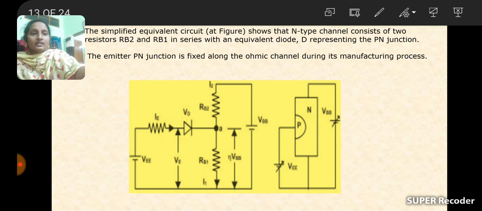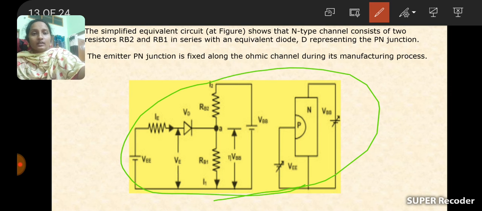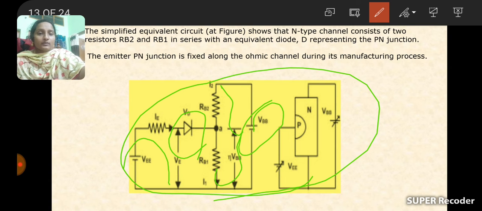So see here, this is our circuit diagram. The diode is connected in between resistors RB1 and RB2, and this is supply voltage VDD, and this is supply voltage VBB. When voltage is applied across the diode, if the diode undergoes forward bias condition, it will produce some amount of voltage.